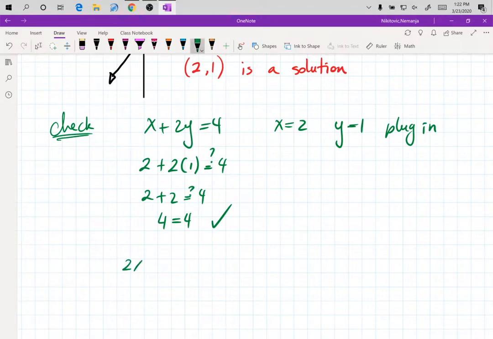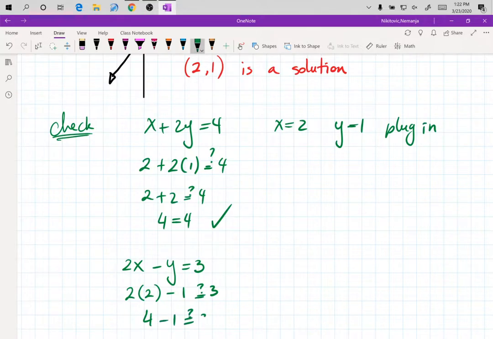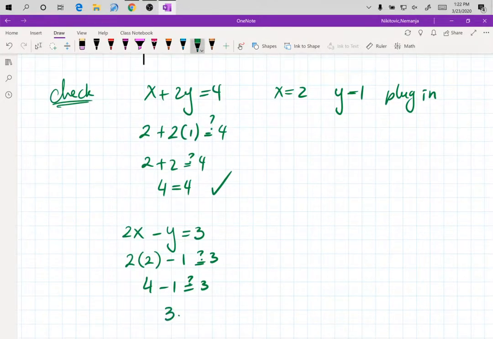That's 2x minus y equals 3, the second equation. So we have 2 times 2 minus 1, is that 3? Yes, because 4 minus 1 is 3. 3 equals 3. Over here, we still have x equals 2, y equals 1, plug in to check.